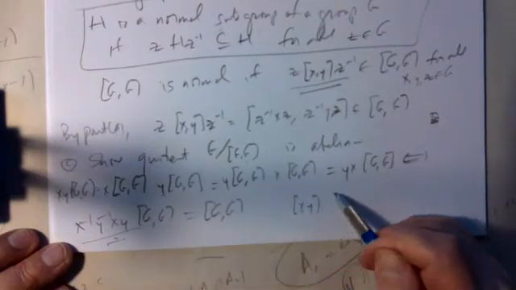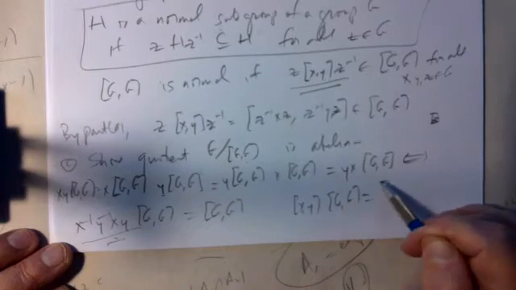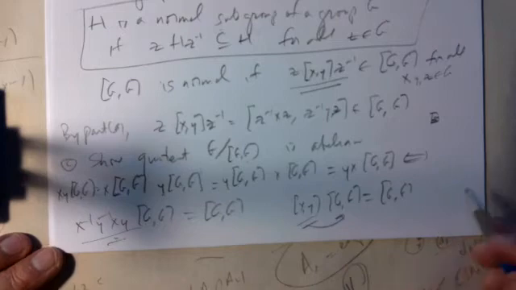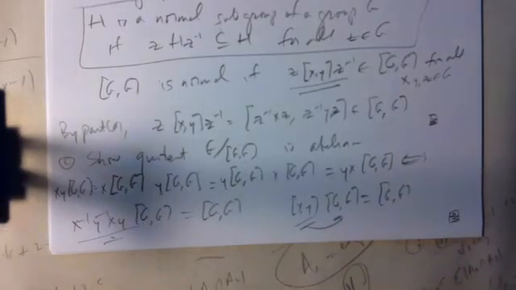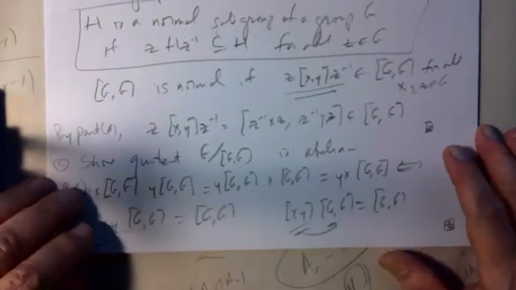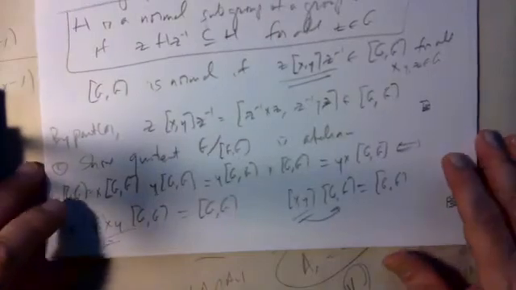So xy[G, G] is equal to this because this is an element of this subgroup. That's the proof. But again, if you understand what's going on, then you are really learning some group theory.